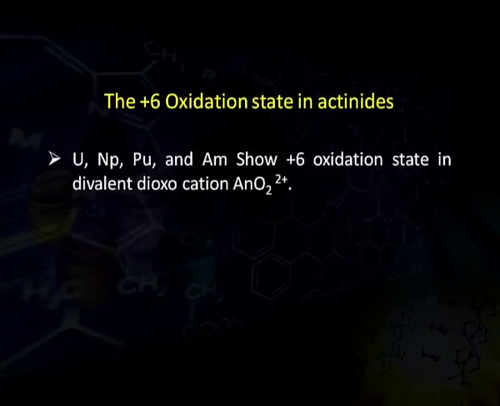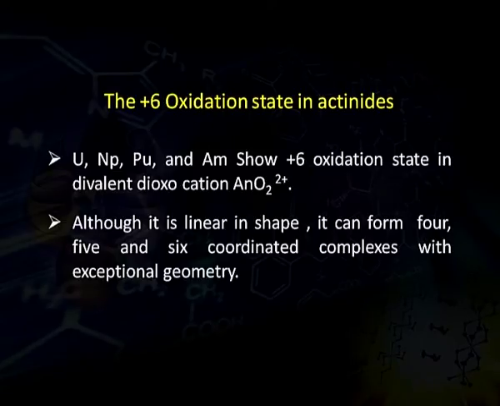Let us see the +6 oxidation state in actinides. Uranium, neptunium, plutonium and americium show the +6 oxidation state in the divalent dioxocation of AnO2 2+ type. Although it is linear in shape, it can form 4, 5 and 6 coordinated complexes with exceptional geometry.